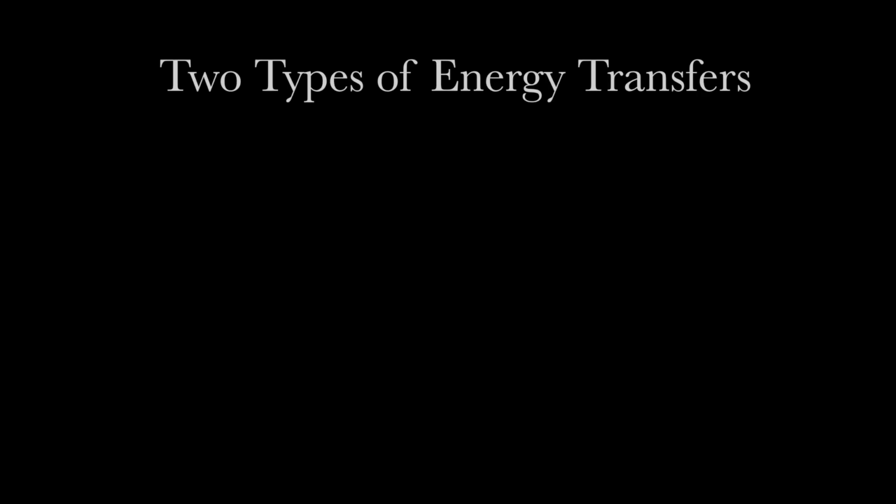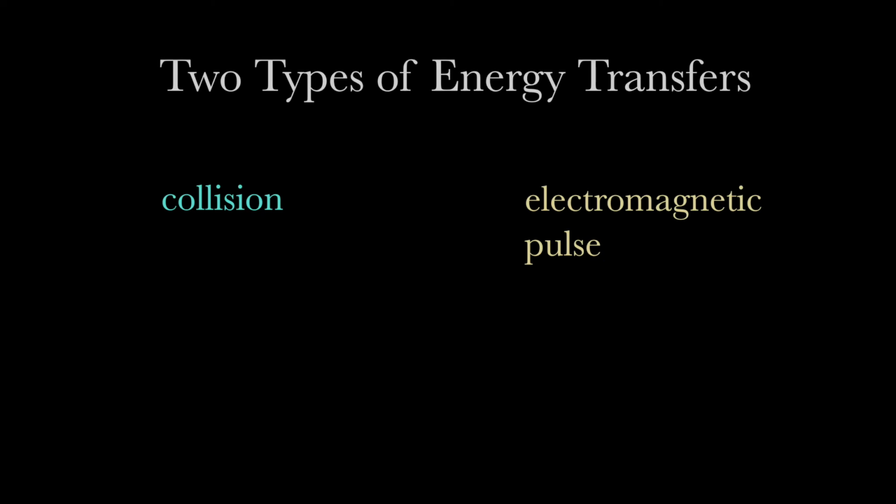At any point in time, every molecule in the universe has an aggregated amount of energy. They each have two ways to gain or lose part of that energy. They can collide with another molecule or can send or receive an electromagnetic pulse. With a collision, the applicable laws are referred to as Newtonian physics.